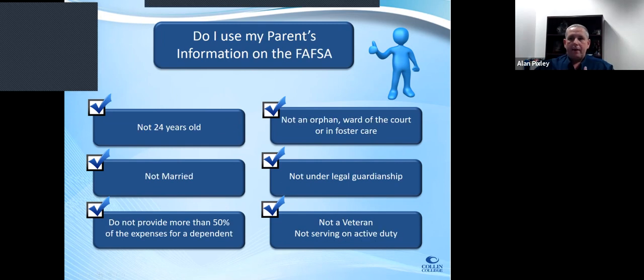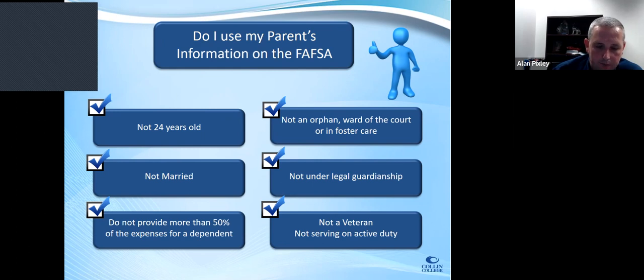So do I use my parents' information on the FAFSA? So to you students, if you're under the age of 24, and there's a long list of questions that it's going to present to you, it knows based on your birth date and the check that it does with the Social Security Administration. Your age is verified off of that.